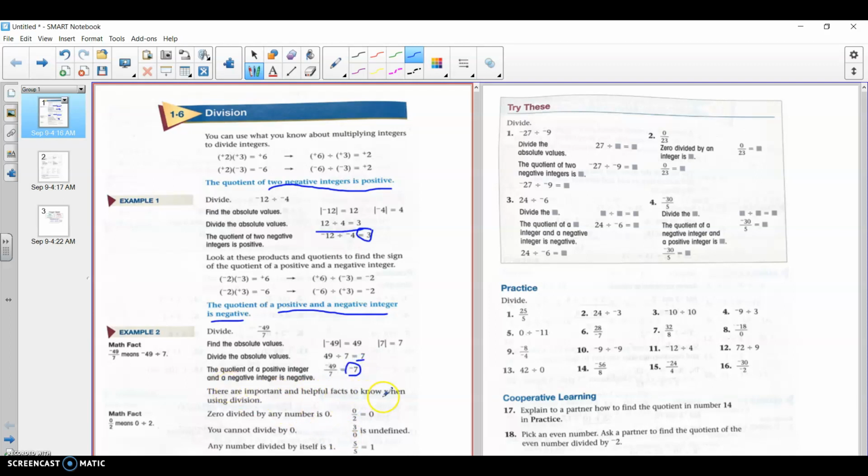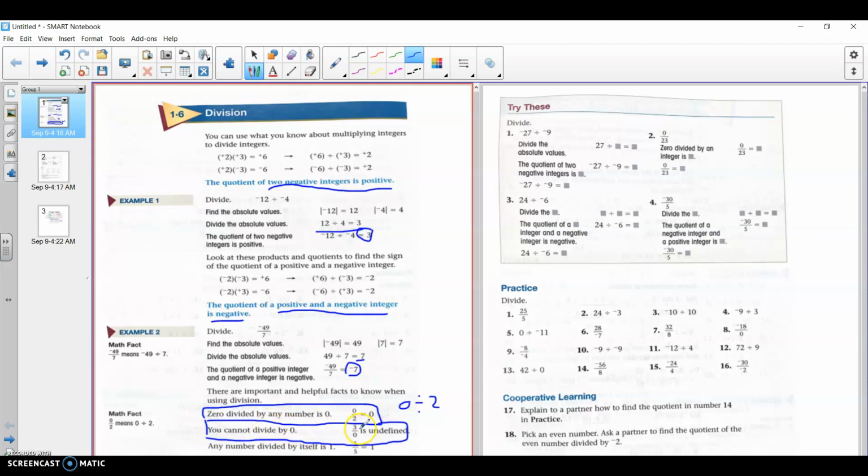There are important and helpful facts to know when you're using division. 0 divided by any number. This is going to be very important right here, and Mr. K is going to be on this all year long. So if your problem ever looks like 0 over 2, or 0 divided by 2, you are going to get 0. If you have it set up like this, you cannot divide by 0.